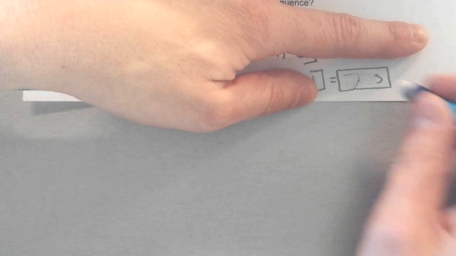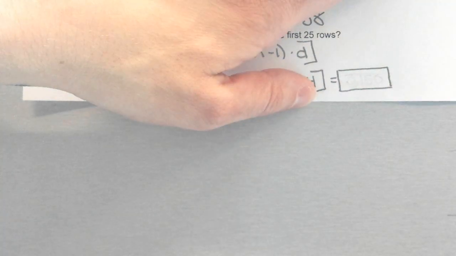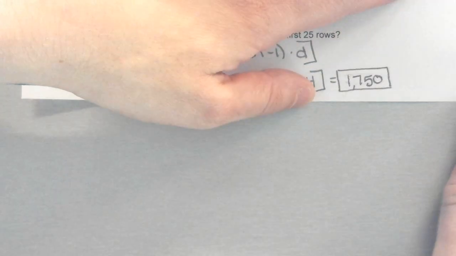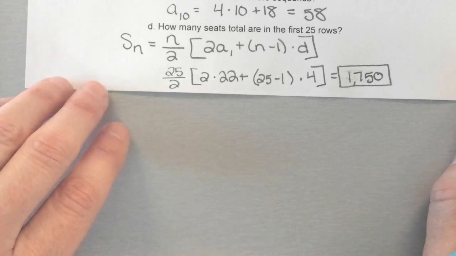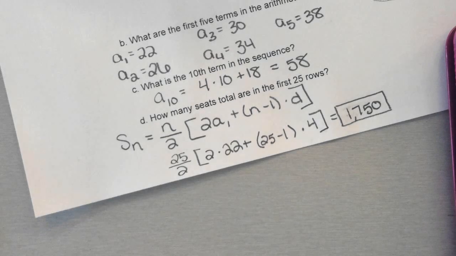I put in 22.5 instead of 12.5. Putting in the wrong number will do it. There we go. Still not enough seats. That's true. So many fans, not enough seats. Alright.